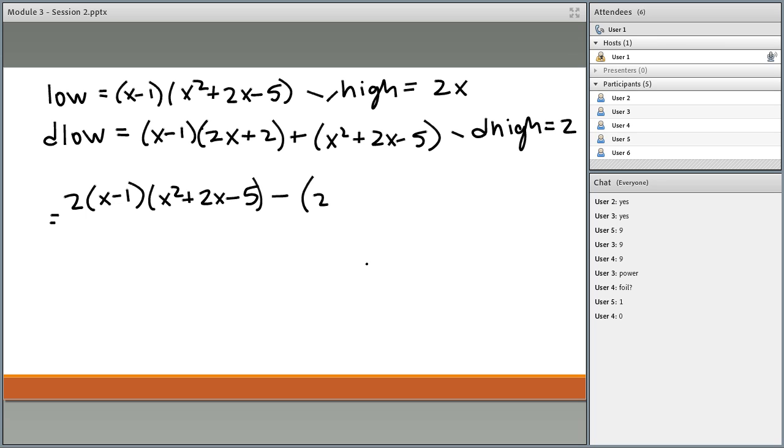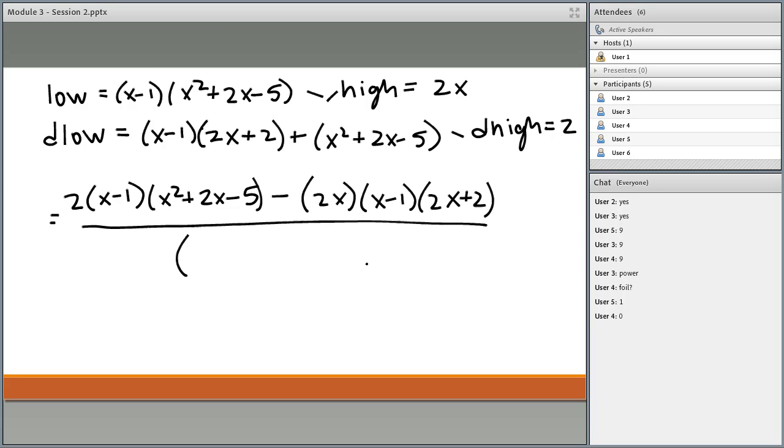So we have 2x times x minus 1 times 2x plus 2. All over low squared. Are there any questions?